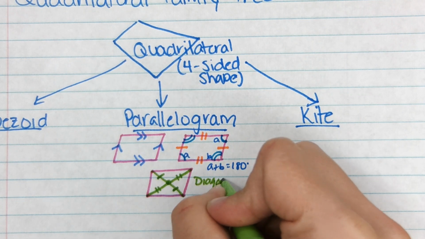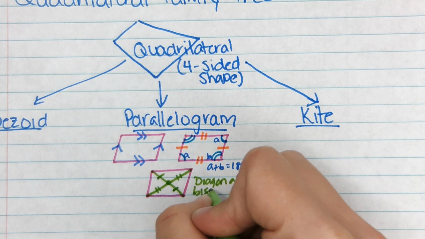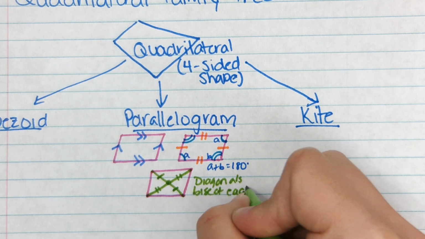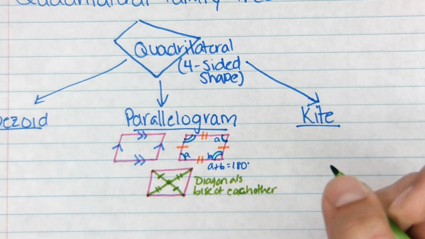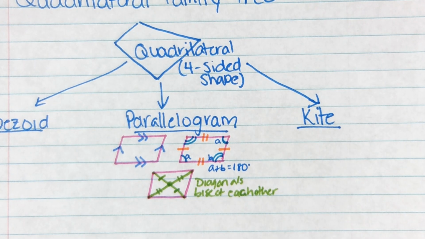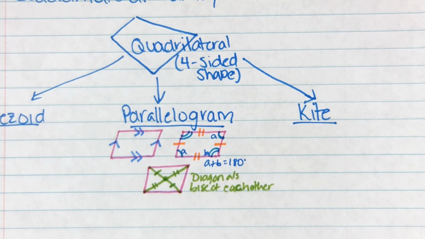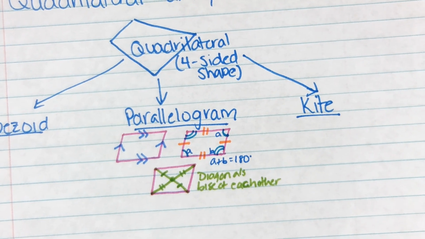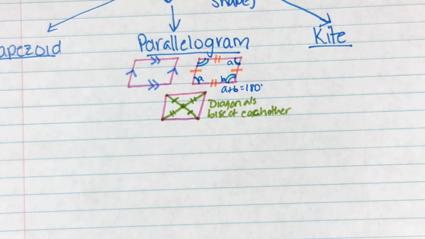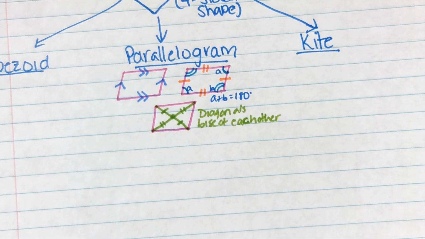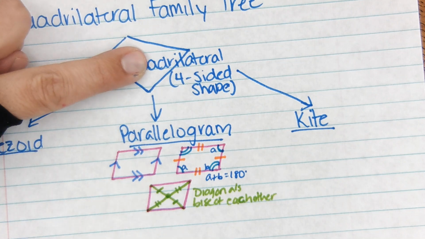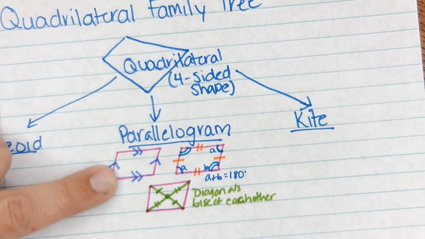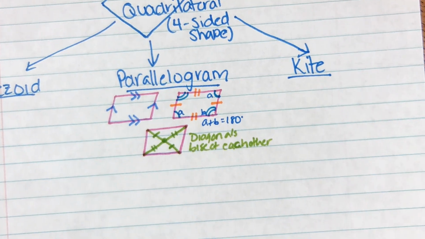Diagonals bisect each other. Okay, so that is a parallelogram. That's all the characteristics of a parallelogram. So a parallelogram has all the characteristics of a quadrilateral, and then it has its own specific characteristics.